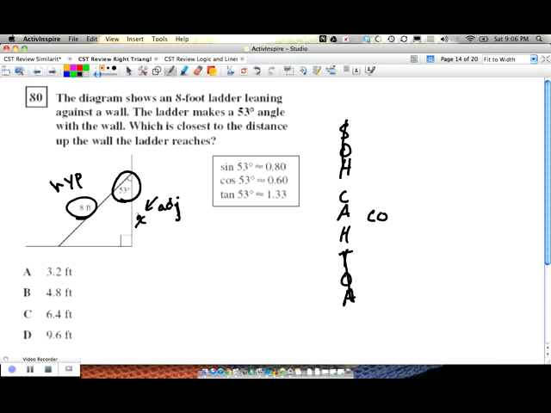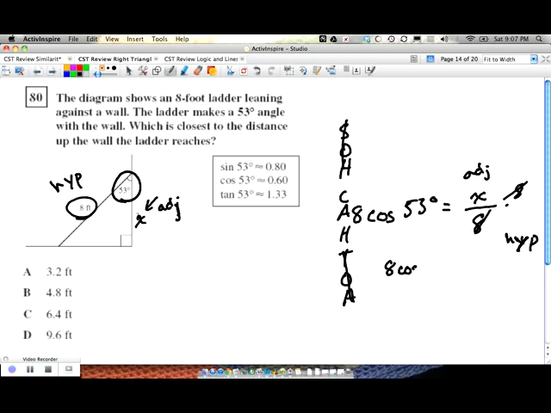So looking at these pieces, that means that cosine of the angle, which is 53 degrees, is going to equal the adjacent side, in this case x is the letter I chose, over 8, the hypotenuse. This is my adjacent, this is my hypotenuse. Well, let's get that x by itself and see if we can get closer to figuring out its value. So I'm going to make a 1 with the 8 in the denominator.